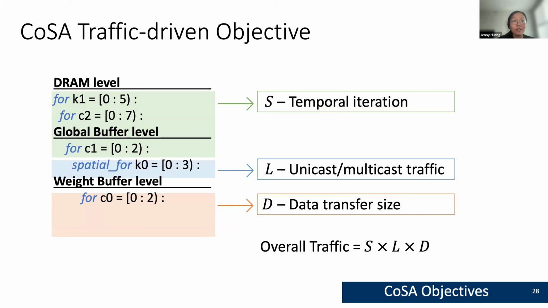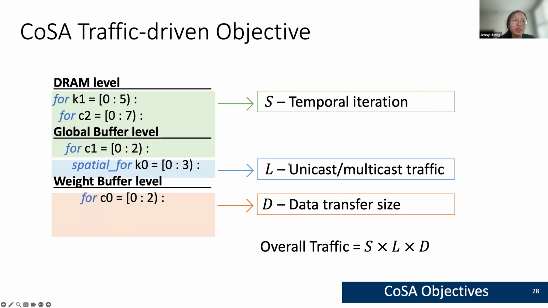But if this dimension is a p dimension, which is not relevant to the weight, then this traffic will be multicast, meaning the traffic will be loaded once from the backing store and sent multiple times, as copies to different weight buffers in different PEs in this design. The last thing we need to multiply this traffic by is the temporal iterations, meaning how many times this tensor needs to be sent from the backing store.